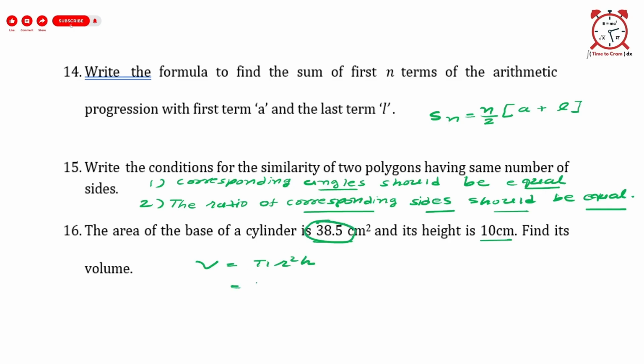So in place of pi r square we keep the value 38.5 directly because radius is not given, and height is given as 10. If we multiply them, we get 385 and the unit is centimeter cube. So this is the answer of question number 16.